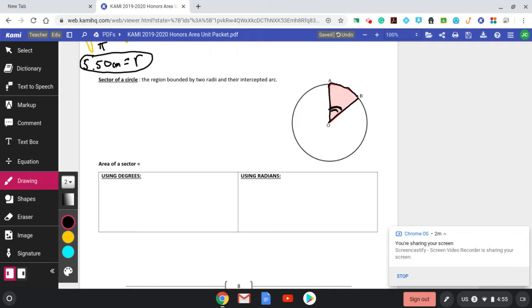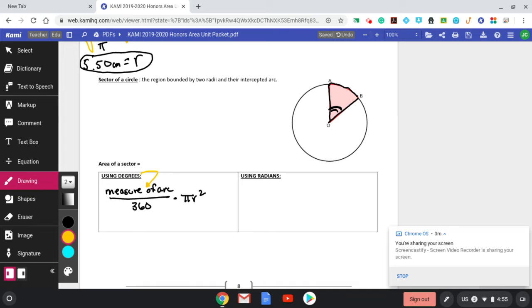So there are two different formulas. If the angle's in degrees, I want to use the measure of the arc over 360 times the area of the circle, pi r squared. Again, the measure of the arc should be in degrees.